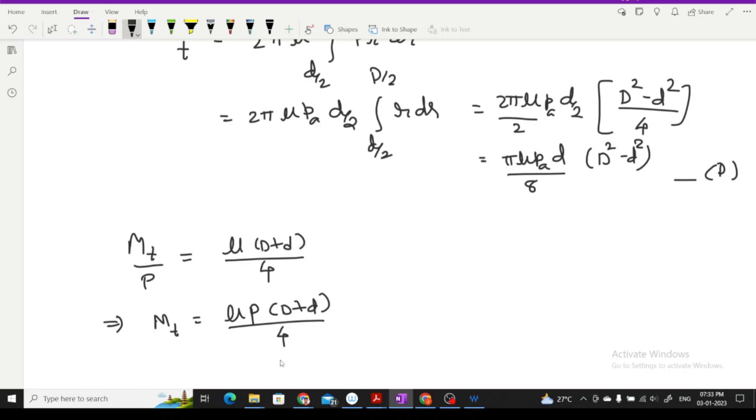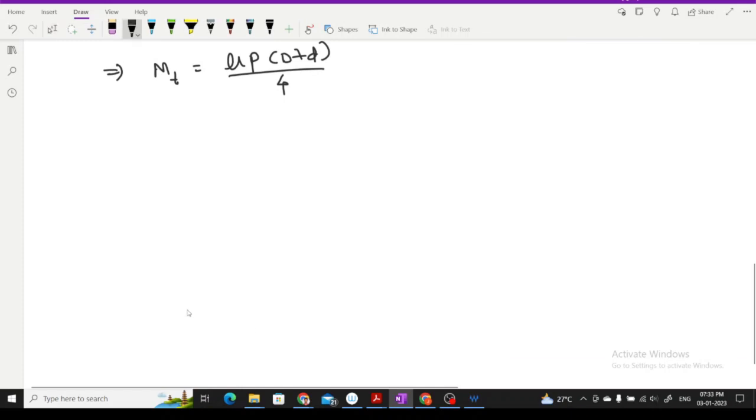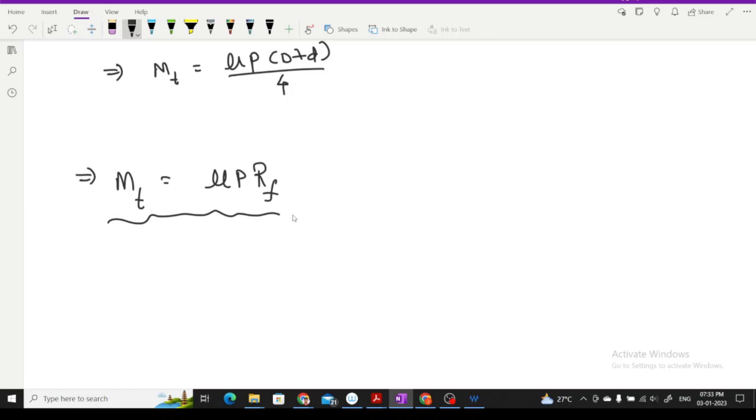Now if we simplify this frictional torque in both the cases, let us define it as a simple expression: frictional torque is mu into P into RF, where RF is the effective radius. In both the cases RF is different: uniform pressure theory and uniform wear theory.